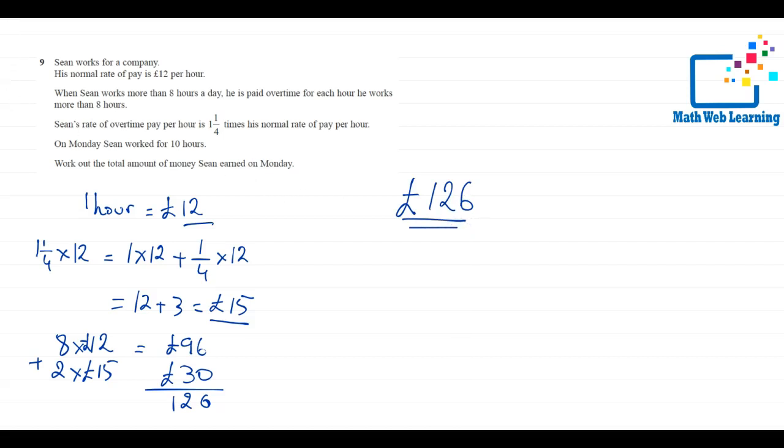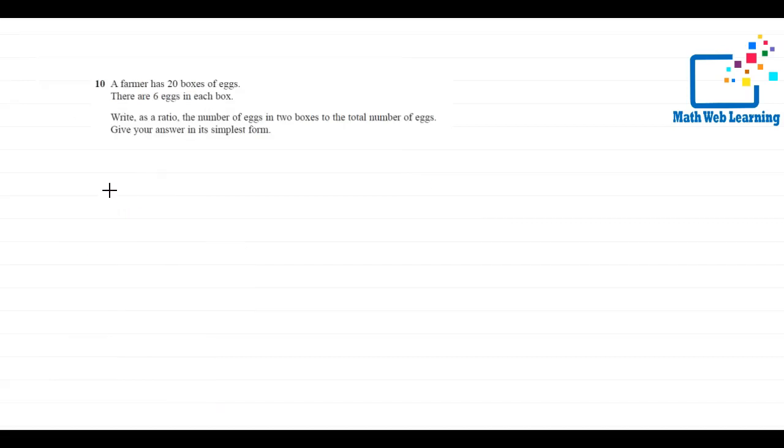Next question is question 10. Alright, question number 10 is a question on ratio. A farmer has 20 boxes of eggs, and each box contains 6 eggs. So the total number of eggs he has is 120. Let's write it down here. 120 eggs.